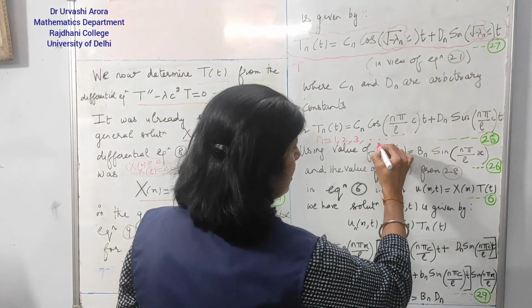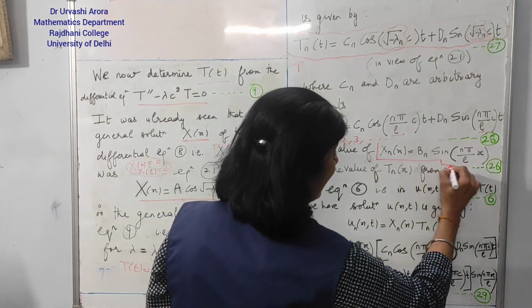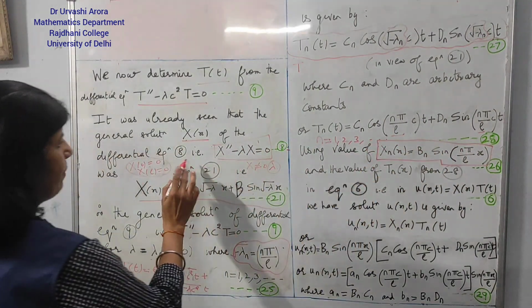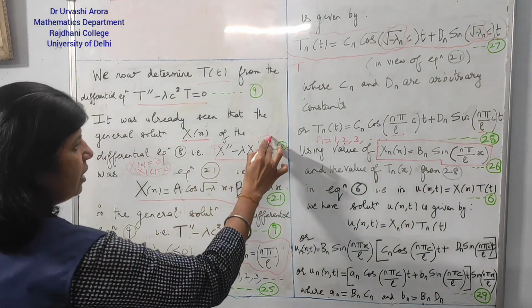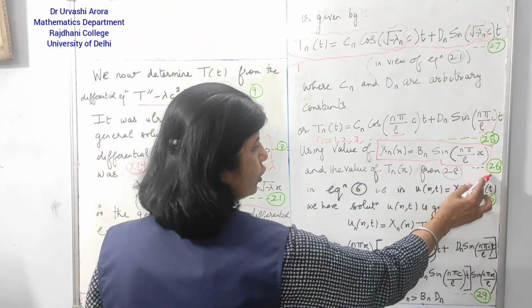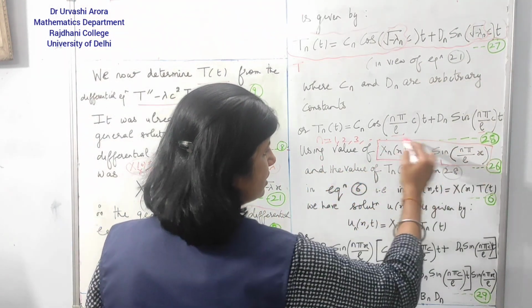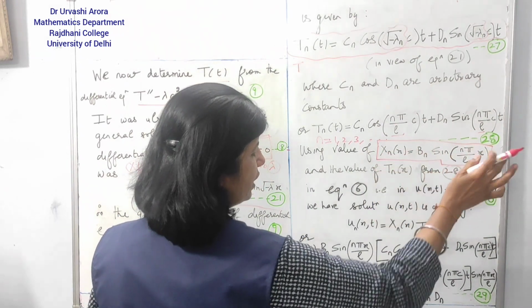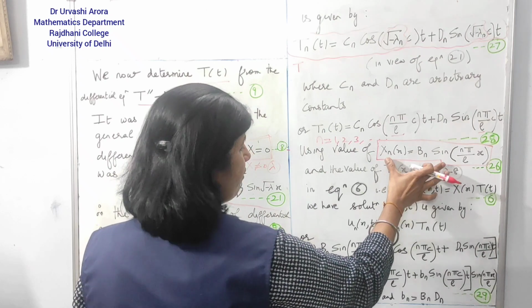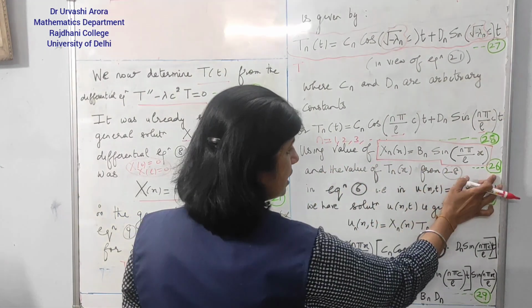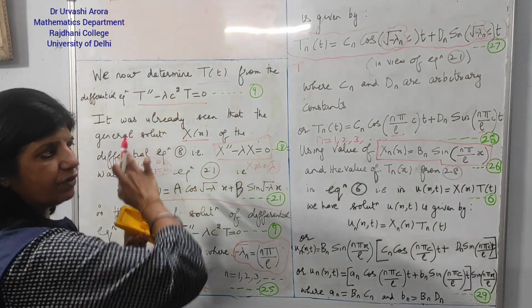This is the last solution that we had found in the first part, the non-trivial values of capital X for this particular differential equation. We had marked these equations as 26. Here n varies from 1, 2, 3 and so on. All these are non-trivial values of capital X which satisfy this differential equation.